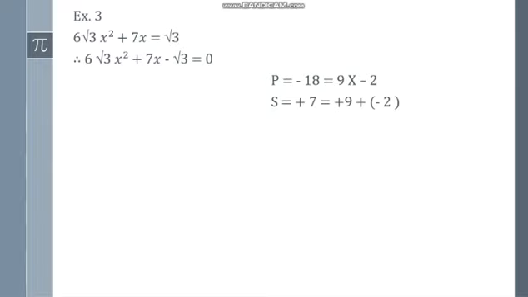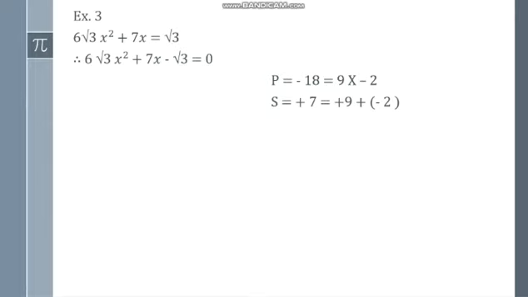6 into 3 we get −18, and the middle term is +7. So how do we split −18? The product should be −18 and the sum should be +7. If we consider 9 and −2, then 9 into −2 gives −18, and 9 plus −2 gives +7.